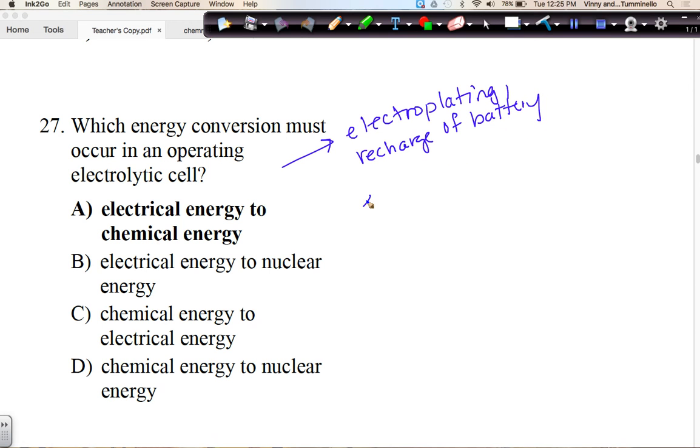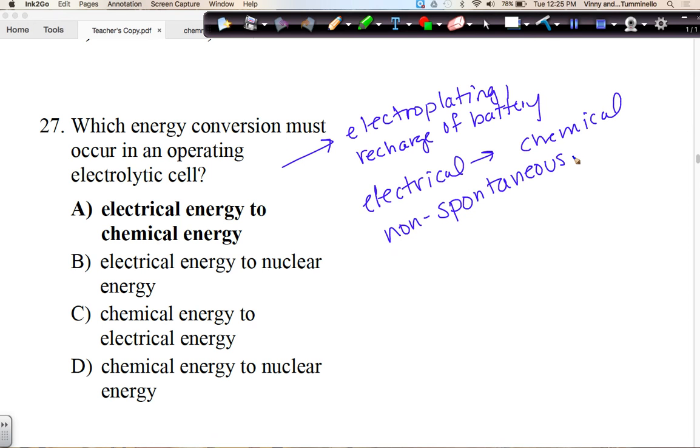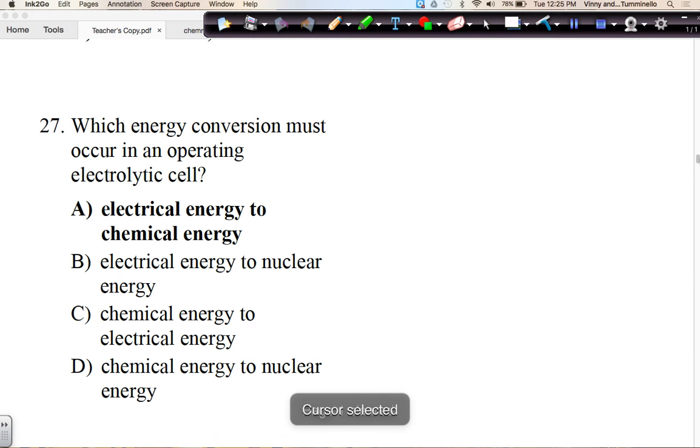So remember, these always start with electrical and change to chemical because these are the ones that are non-spontaneous. You know that you have to plug your battery in to get it to recharge. So we're starting with electricity and causing a chemical reaction.